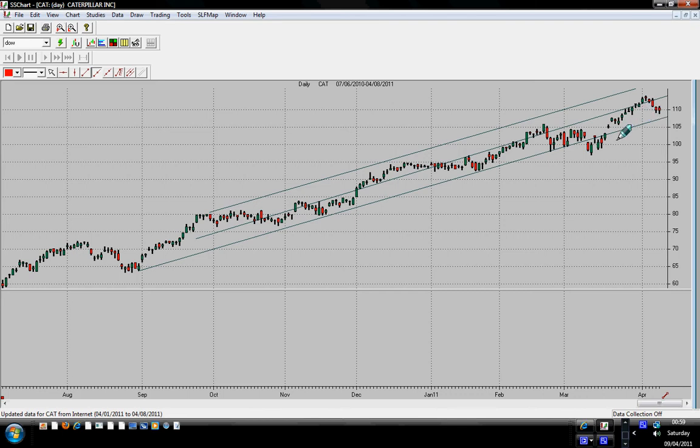If we see Caterpillar in conflict with the Dow Jones, we will ask more questions to find out why this is happening. Maybe it is due to a fundamental reason, checking the balance sheet of Caterpillar or other information to know why the leader of the sector is in conflict with the sector itself.